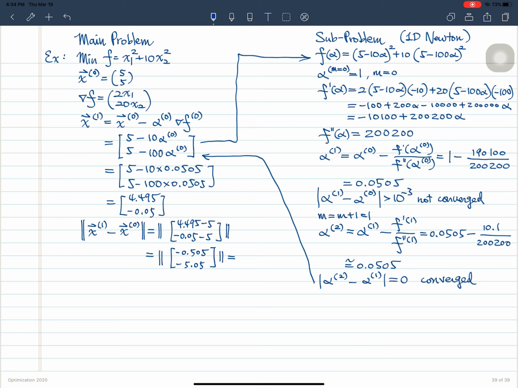So calculating the norm of negative 0.505 and negative 5.05. So the norm is 5.0752. It's too large, so not converged.